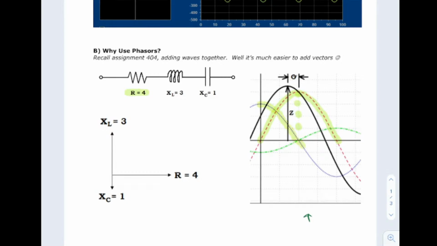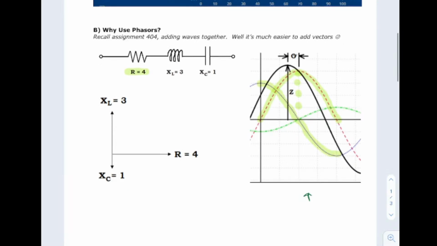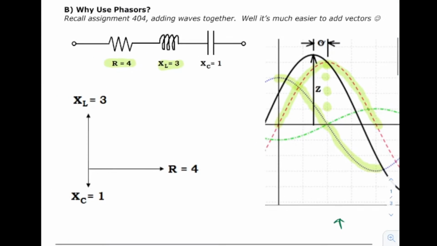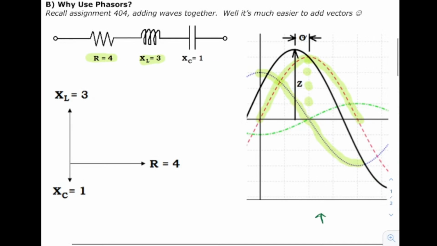And the coil, notice the height of the coil wave only goes to 3, and that's because we got 3 ohms for the coil. Okay. And then we also had the ICE, the capacitor, which peaks after. So here's the capacitor wave. It's only got a height of 1 because it's only 1 ohm. Okay, so again, these aren't resistances, they're reactances, but they're ohms. That's what's the same. They're all ohms.